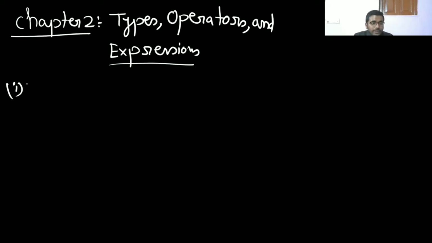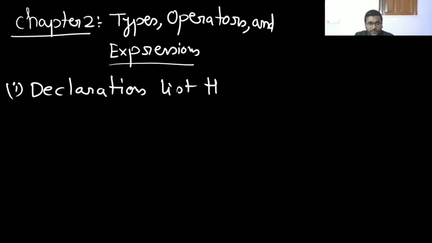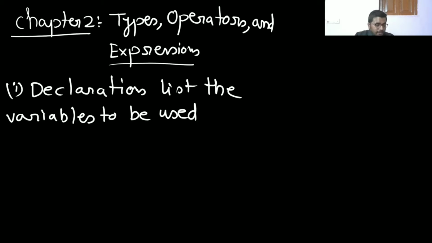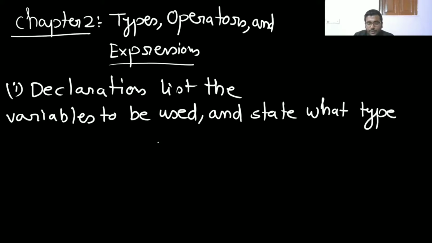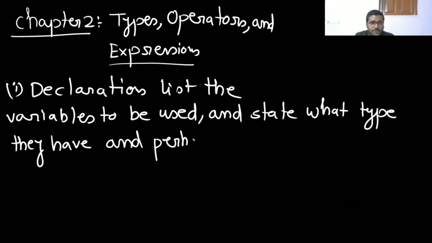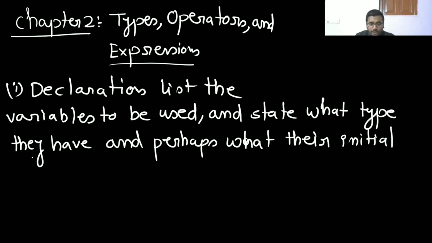So declarations list the variables which you are going to use, state what type they have, and perhaps what their initial values are.